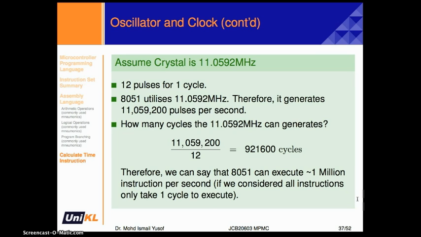Assume that we have a crystal oscillator with a value of 11.0592 megahertz. We have seen that 12 pulses is for one cycle.